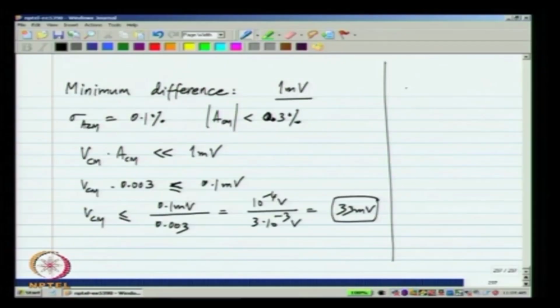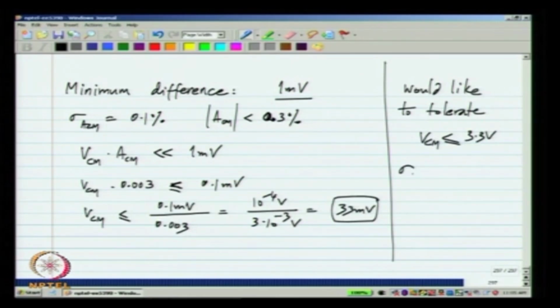That is, we would like to tolerate common mode voltages of 3.3 volts. This means that the sigma ACM has to be correspondingly smaller. So, this 3.3 volts is 100 times larger than 33 millivolts.